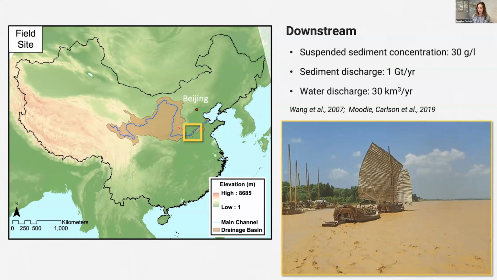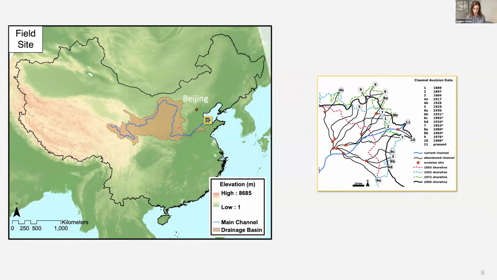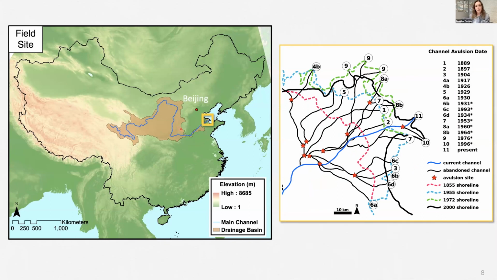That's pretty high. Historically, this river has transported 1 billion tons of sediment to the Bohai Sea per year with a relatively modest water discharge. Again, these high suspended sediment concentrations drive rapid delta dynamics.